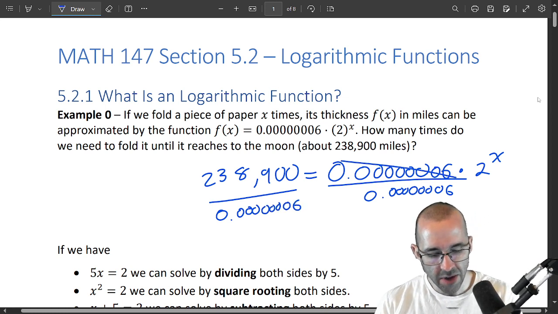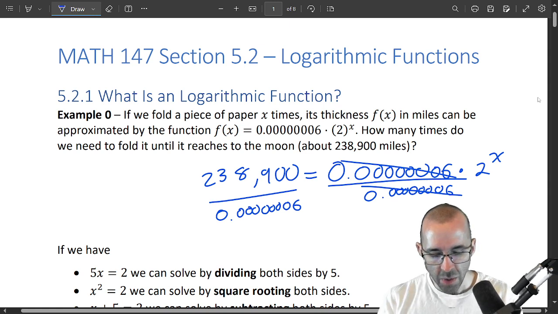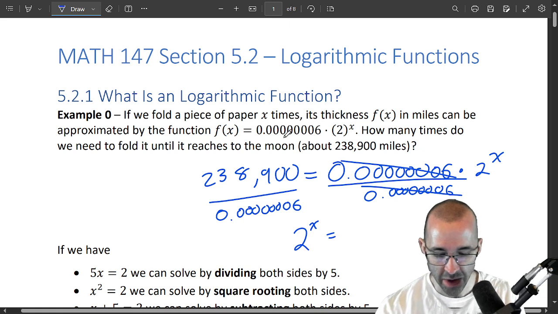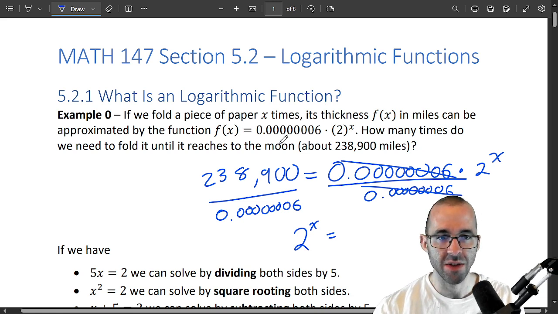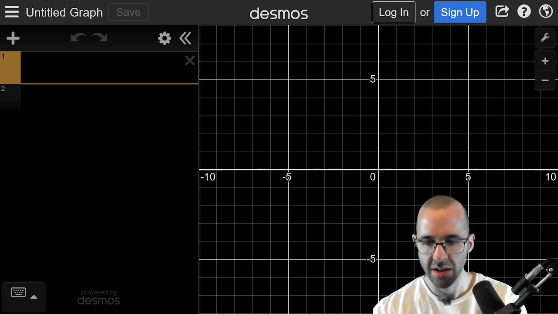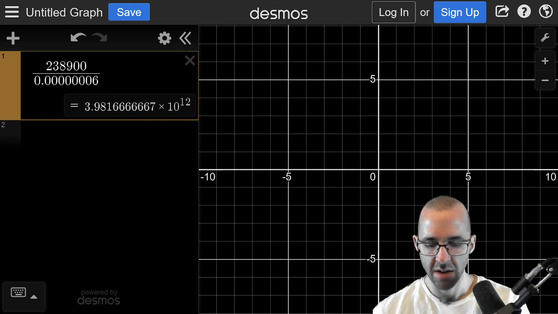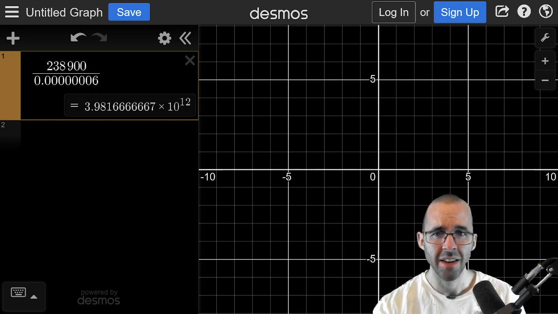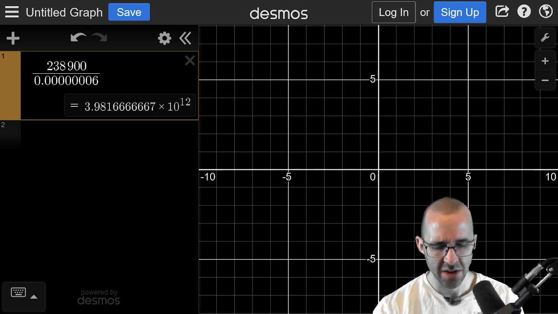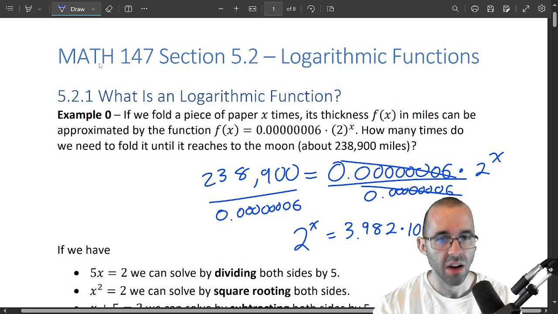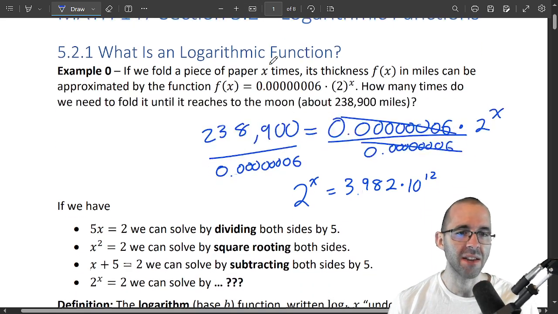But then on the right-hand side, when we cancel, we're going to get 2 to the X just equals whatever giant number that is, 238,900 divided by, woo, that's a big number, 3.982 times 10 to the 12th. But we have no way of getting X by itself from here.